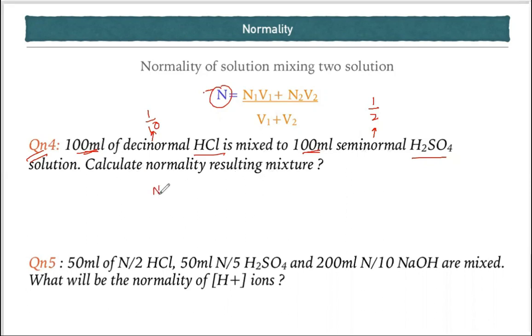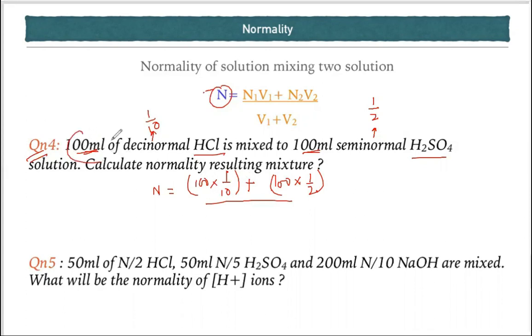So as we already know, normality is equal to, what is N1V1? 100 into 1 by 10, plus this one will be volume 100 into 1 by 2. Okay, whole divided by, what is the total volume?